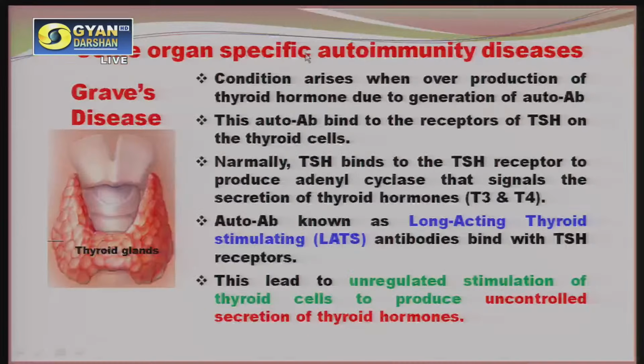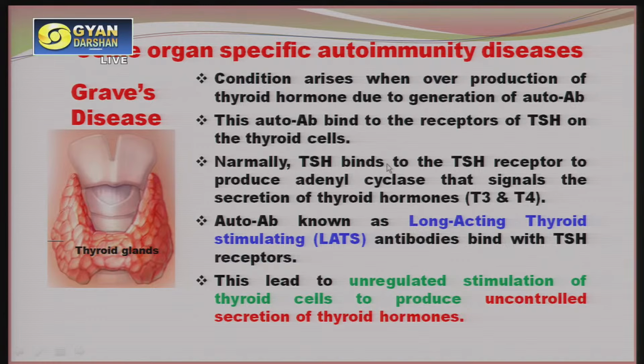Here are the organ specific autoimmune diseases. First one is Graves' disease. Here is the thyroid gland. The condition arises with the production of thyroid hormone. In this case, the autoantibody binds to the receptors of TSH on thyroid cells.